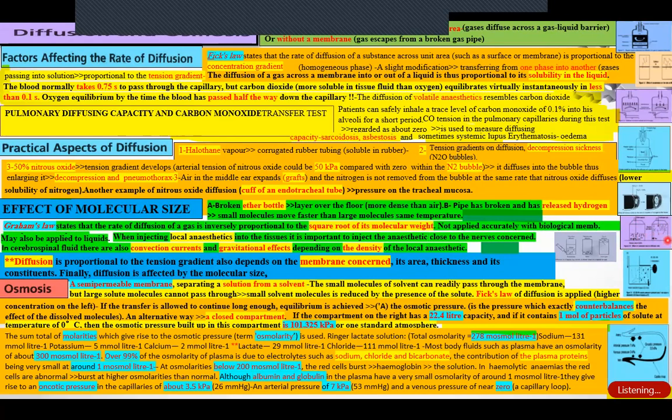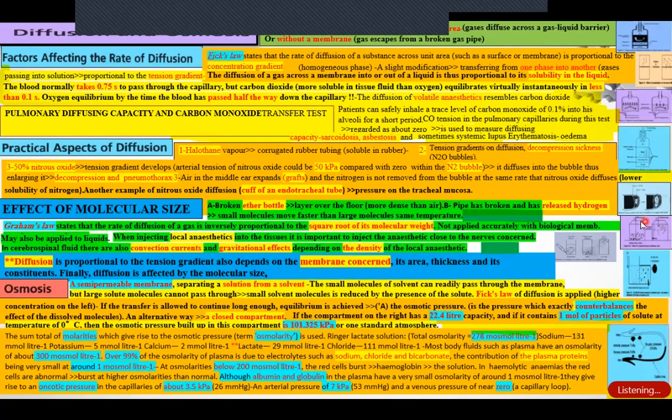Of course, it is heavier than hydrogen. This is why it spreads slowly and to the bottom of the floor. So we can state that the second gas law is Graham's law, which states that the rate of diffusion of a gas is inversely proportional to the square root of its molecular weight. It is not applied accurately with biological membranes.